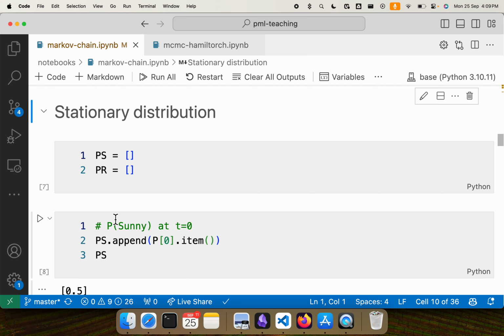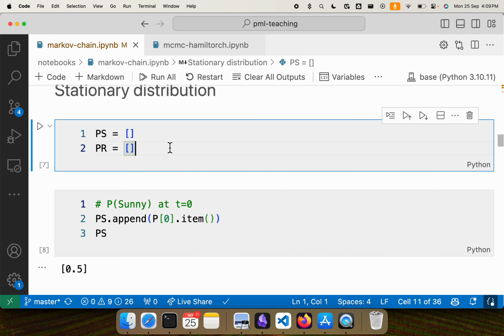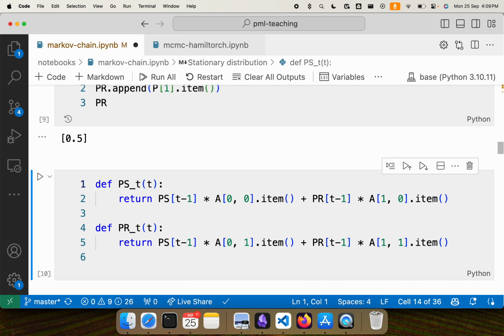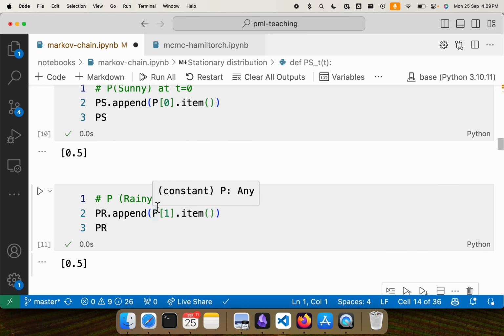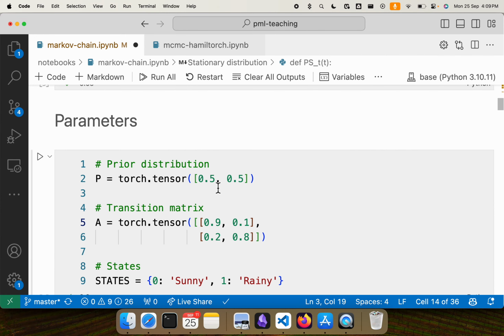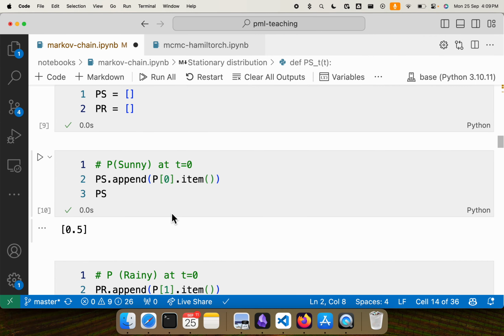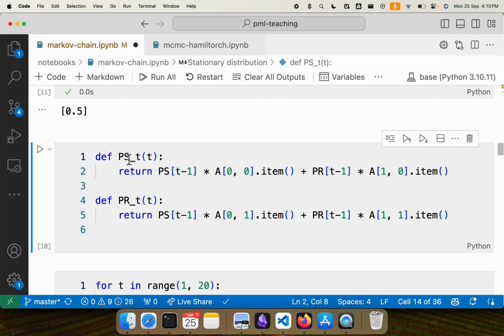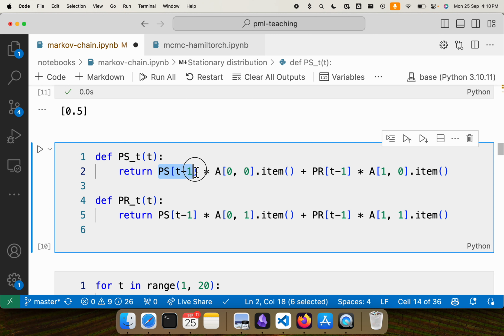The probability of being sunny at time t0 is just p0, and the probability of rainy at time t0 is just p1, where p was the prior probability. Now the probability of sunny at time t is the probability of sunny at time t minus 1 times the transition from sunny to sunny, plus the probability of rainy at t minus 1 multiplied by the transition probability from rainy to sunny.